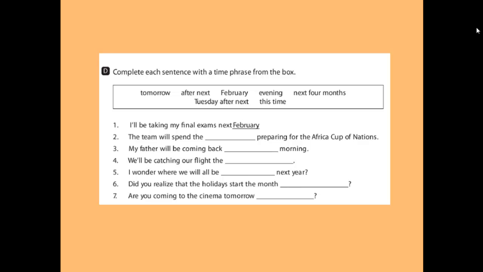Complete each sentence with a time phrase from the box: tomorrow, after next, February, evening, next 4 months, Tuesday after next, and this time. We want to read these sentences carefully to specify which one of these time phrases is the best.